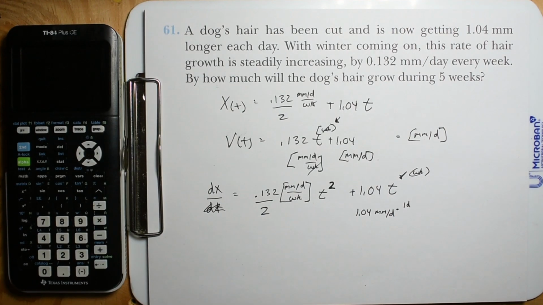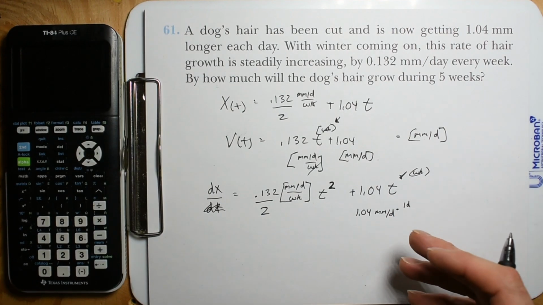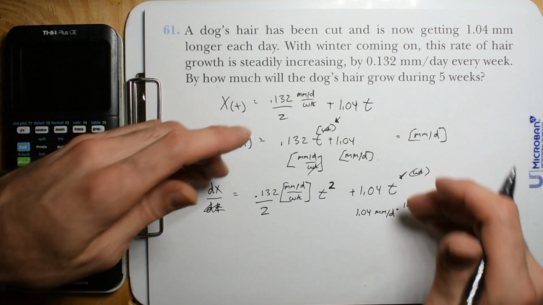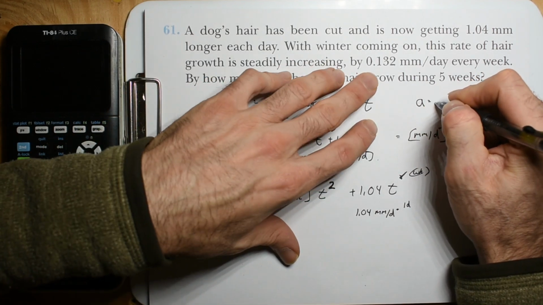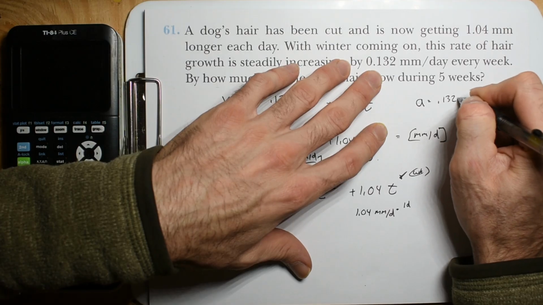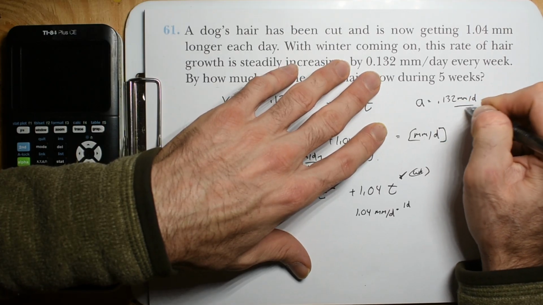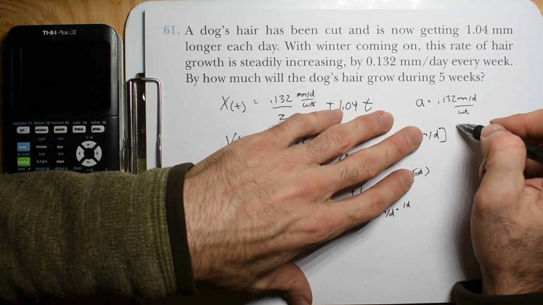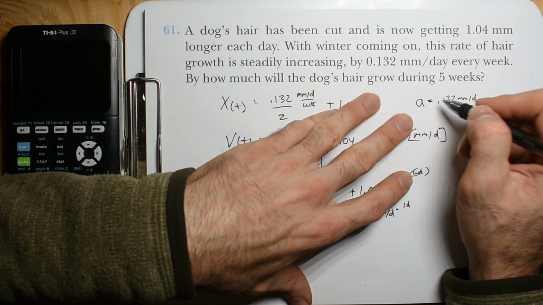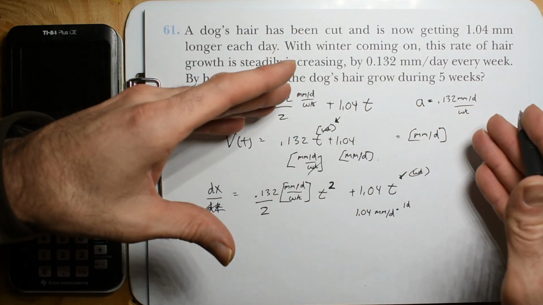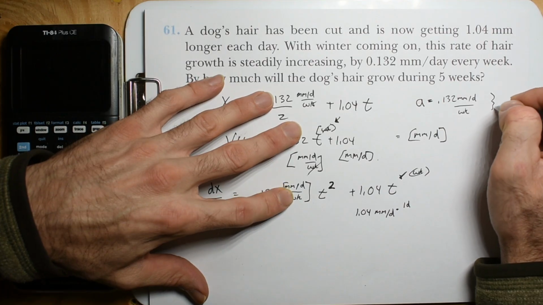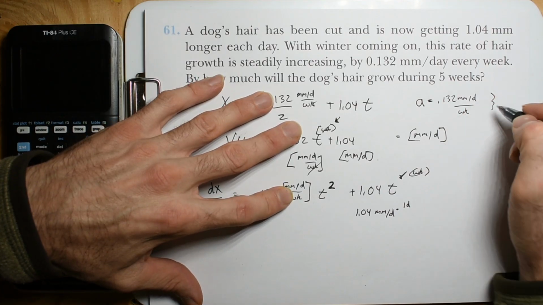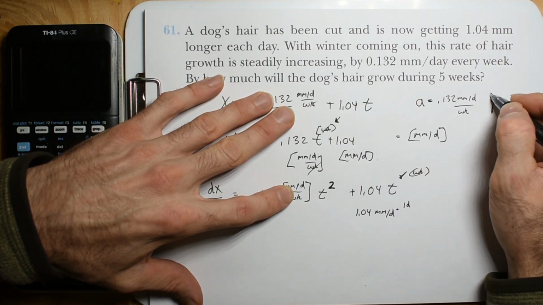All right. So I took a moment to think about this, and we're going to still keep on keeping on. But at the beginning, when we have this acceleration term of 0.132 millimeters per day per week, this is where, just in general, when people talk about acceleration, I think you kind of lose your mind that it's like something technical, like maybe I don't know what acceleration is.